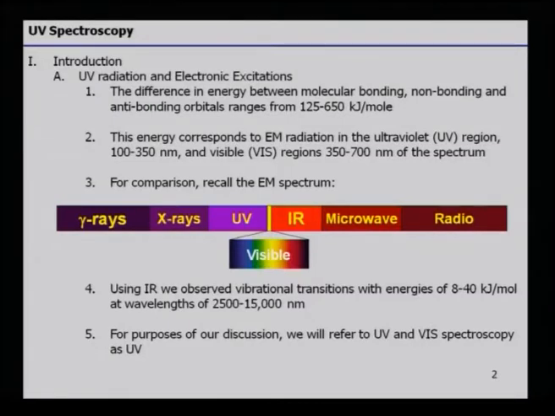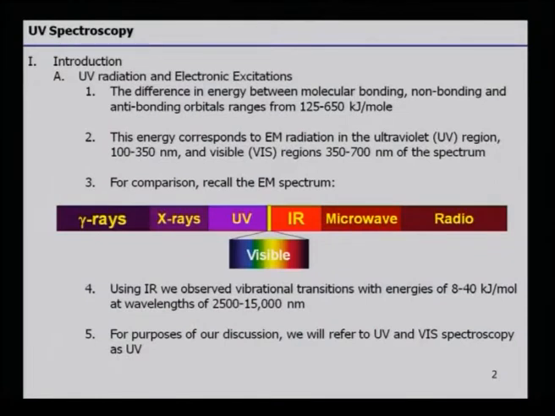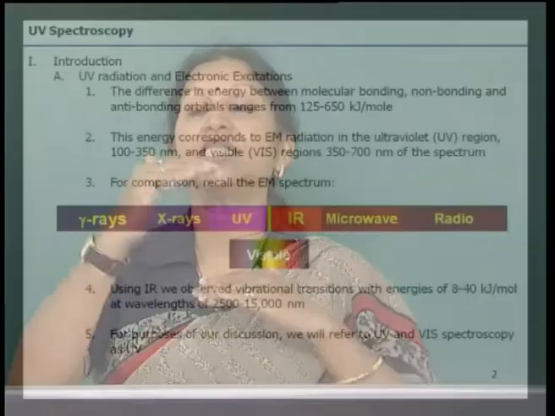We will now take a more serious look at UV visible spectroscopy from the analyst's point of view. A few slides may be repetitive, but this is just to recap your information. If we look at the introduction of UV visible radiation and the electronic excitation, the difference in energy between molecular bonding, non-bonding and anti-bonding orbitals ranges from 125 to 650 kilojoule per mole. So, that is the kind of energy that is required for pi to pi star or n to pi star.